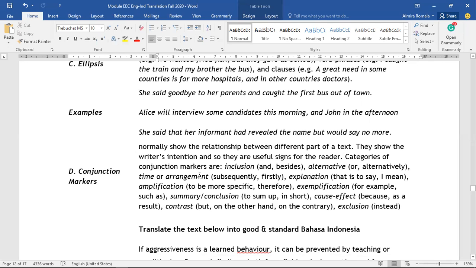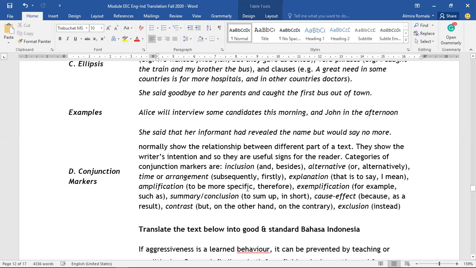So it is used to indicate the order: subsequently, firstly, next, secondly, thirdly, last. And then explanation, it gives more detailed information, like that is to say, I mean.